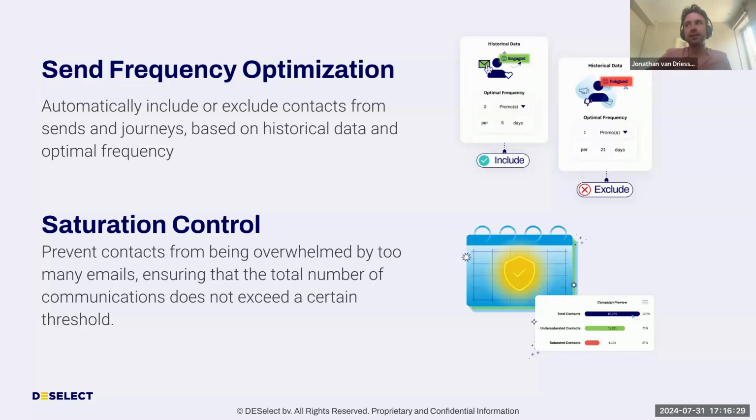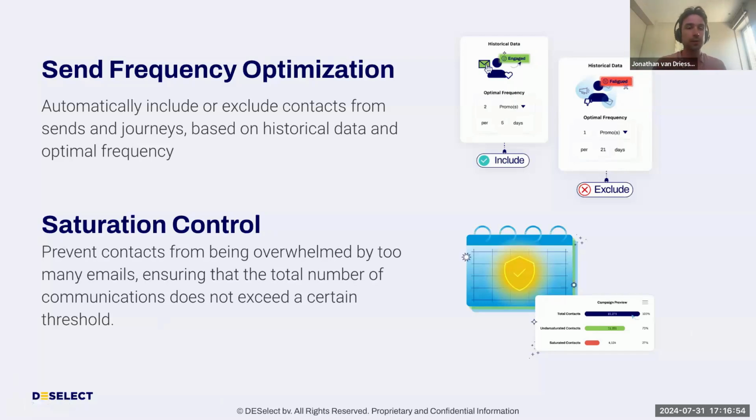Send frequency optimization comes down to understanding the subscribers' individual preferences and behavior. So this is where you're going to be looking at, okay, if I'm sending, for example, 3 emails per week to a contact, are they engaging with all of them or not at all? And my interest, my affiliation with the company may be bigger or different than yours.